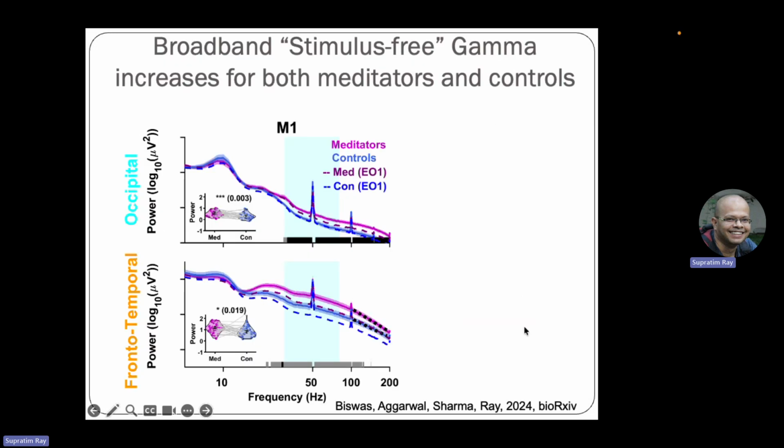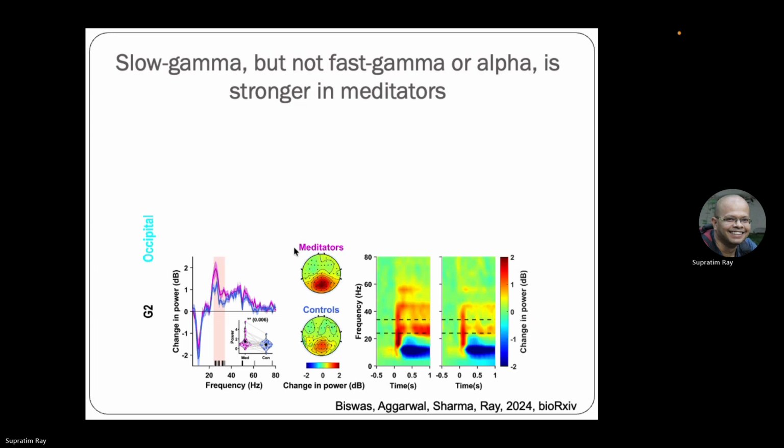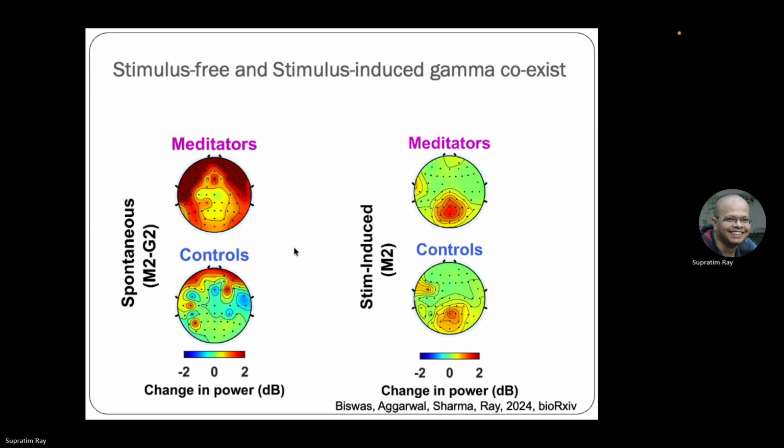Yes, this is the one that I was telling you where the dotted ones were shown in EO1, and this is that plot. This one. Let's try to get this plot. So spontaneous condition M2 minus G2 and stimulus induced M2. Let's see what these mean.